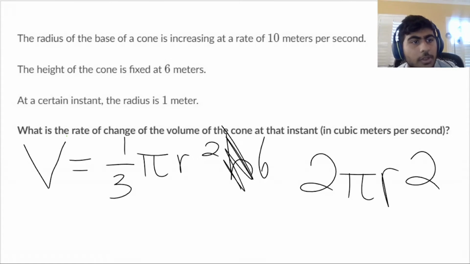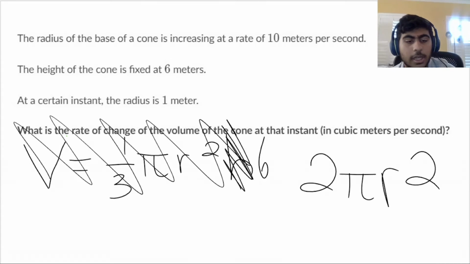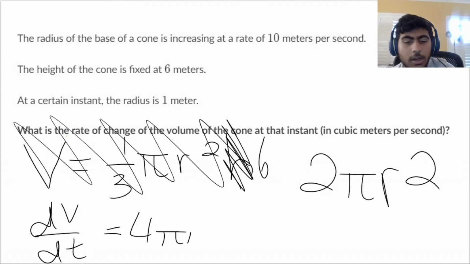Now, we need to find the rate of change of the volume of the cone. Now, we take the derivative of both sides, we get dV/dt equals 4 pi r dr/dt.